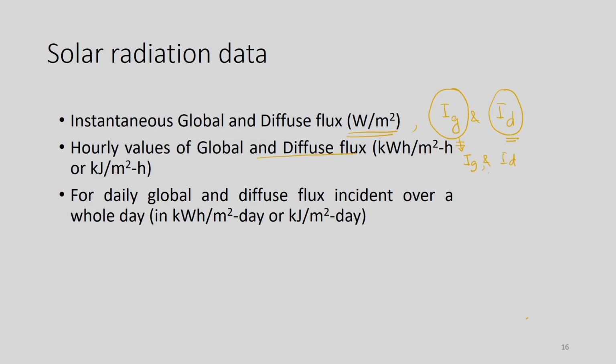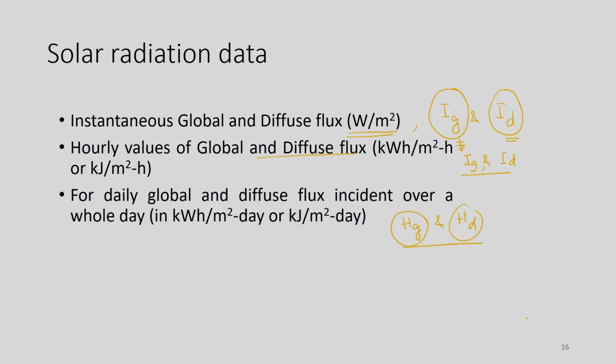Sometimes we are interested to know the daily global and diffuse flux incident over a whole day. Under those conditions we use this kind of terminology, HG and HD. So, this is all about daily global and diffuse flux incident over a whole day.